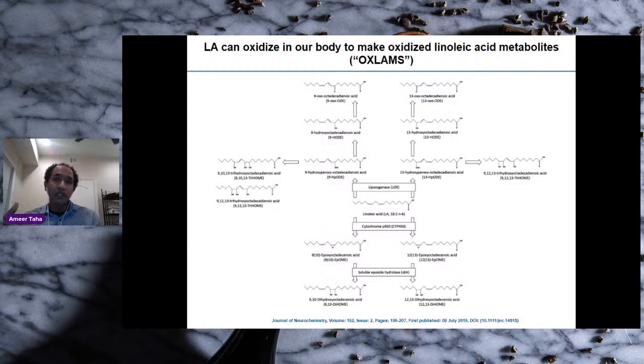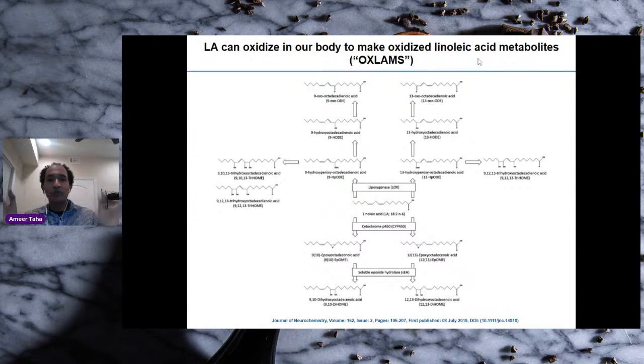On the other hand, this is how food goes rancid, because too much oxidation can lead to rancidity. In humans or in the brain, we actually have enzymes that can oxidize linoleic acid or other fatty acids to make what's called oxidized linoleic acid metabolites.